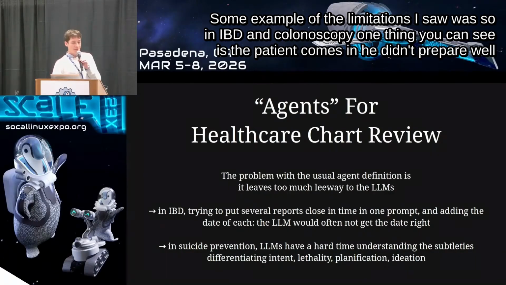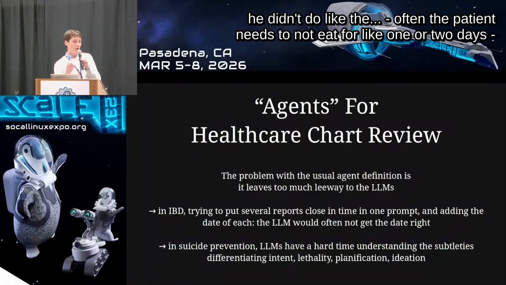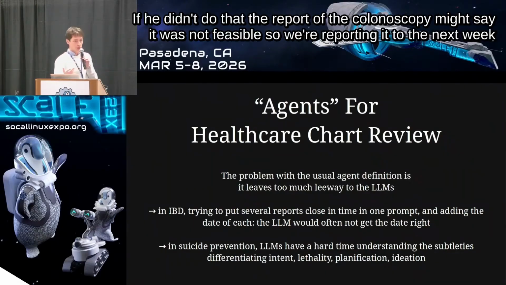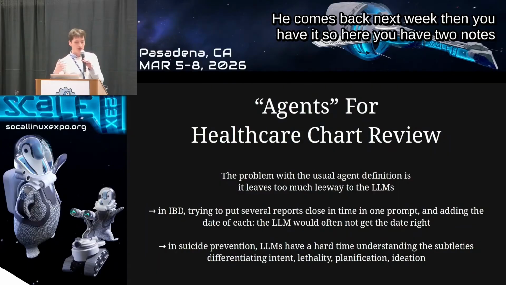Some examples of the limitations I saw: in IBD and colonoscopy, one thing you can see is the patient comes in and didn't prepare well. Often the patient needs to not eat for 1 or 2 days. If he didn't do that, the report of the colonoscopy might say it was not feasible, so we're postponing it to next week. He comes back next week, then you have it. So here you have 2 notes.